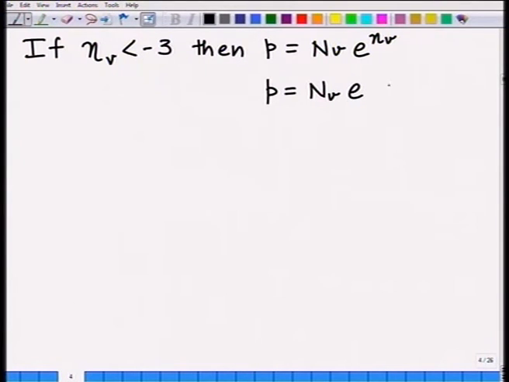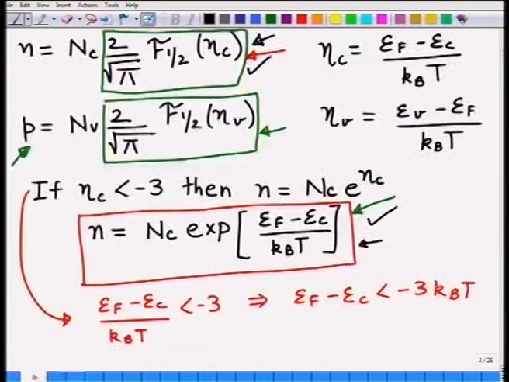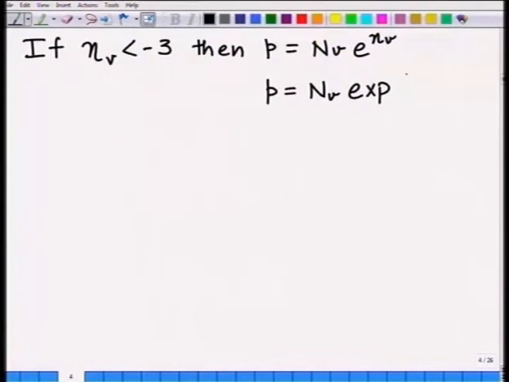Which means I can write P is equal to NV e to power, and you recall what eta v was. Eta v was EV minus EF by kBT.